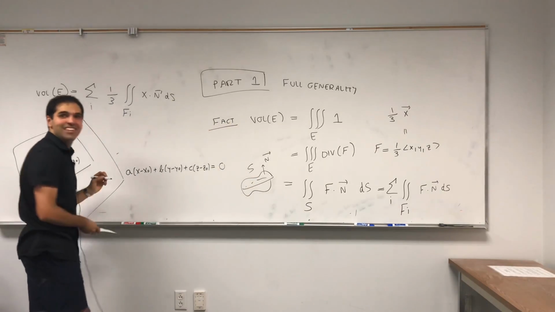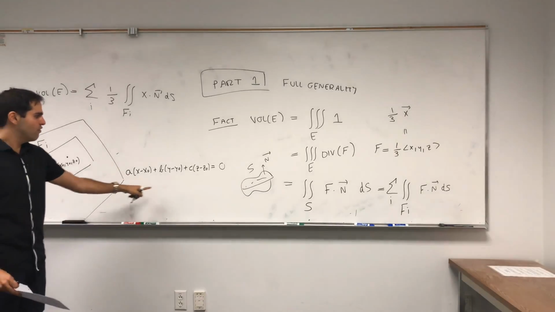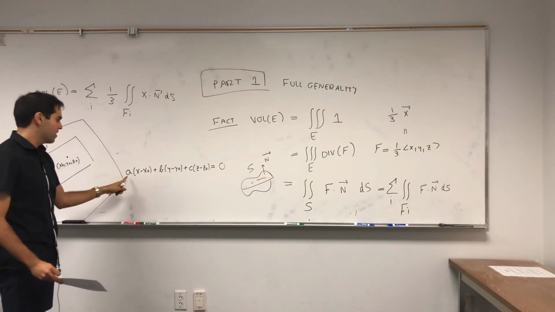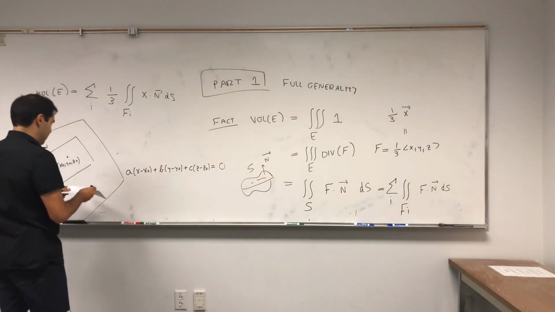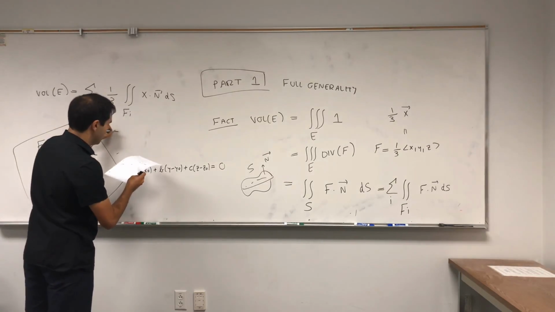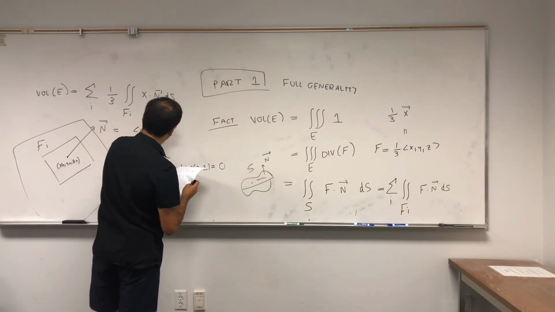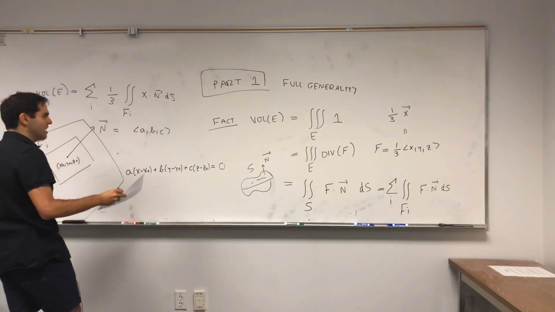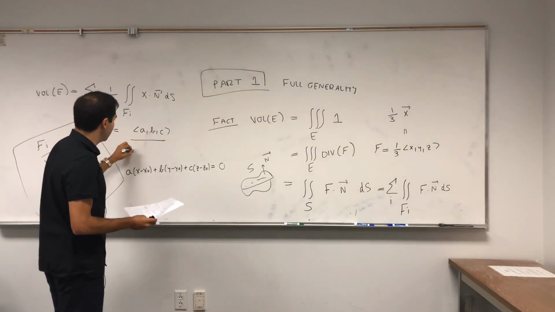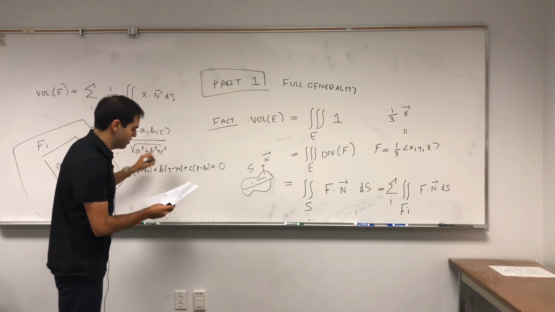Bear with me, it'll make sense in a second. The nice thing is, if you have an equation of a plane, it's very easy to produce a normal vector. It's just (a, b, c), and assume it's outward pointing. To get a vector of length 1, you have to divide by its length, which is the square root of a squared plus b squared plus c squared.